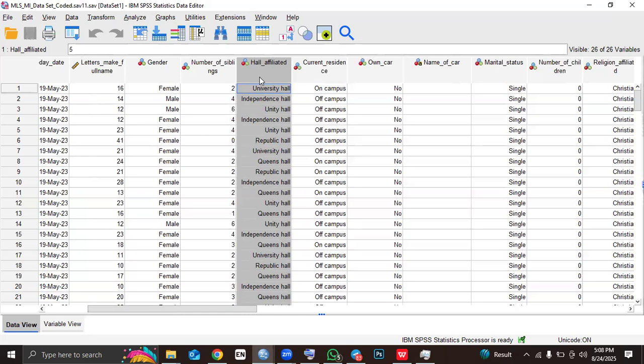Or to put it in another context, maybe you want to know if a specific gender prefers a specific hall. We can run a chi-square test of homogeneity in order to determine the significant value of the distribution, and that will help us answer the question if there's any significance or association between gender and hall affiliation.